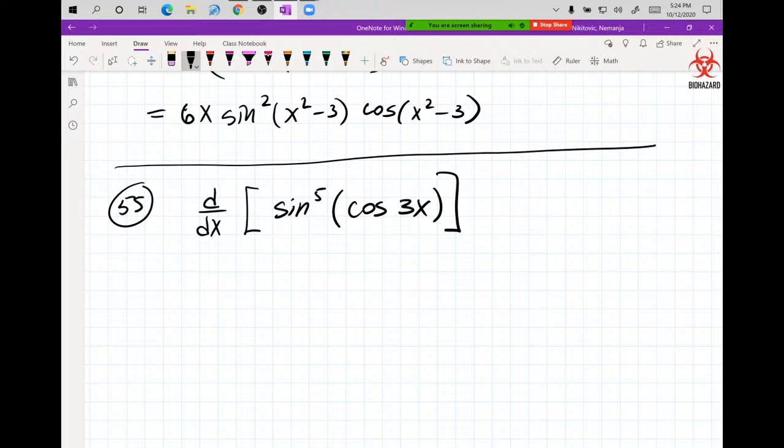Okay, let's take a look at the problem together. So we said 4 functions. Can you please tell me what are the 4 functions that we have in this case?